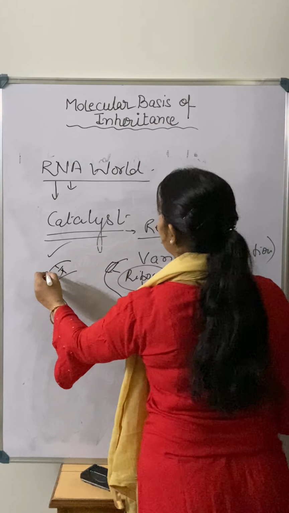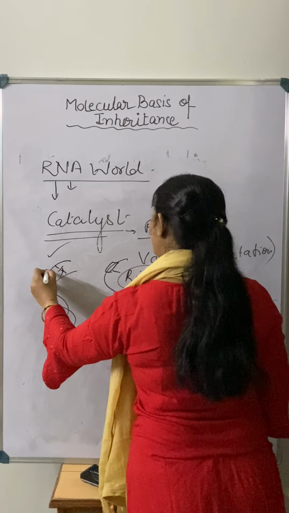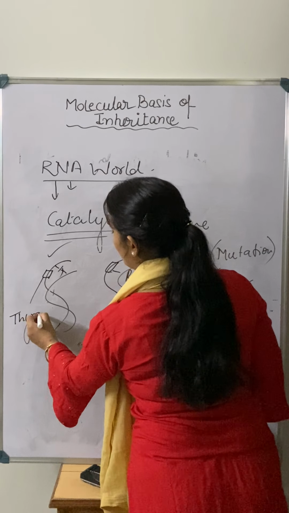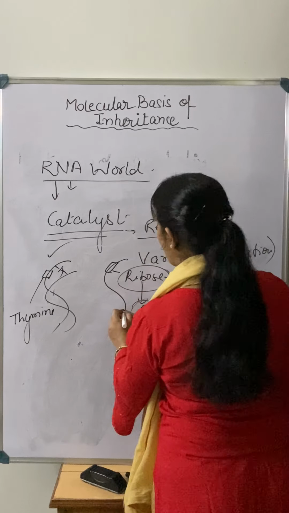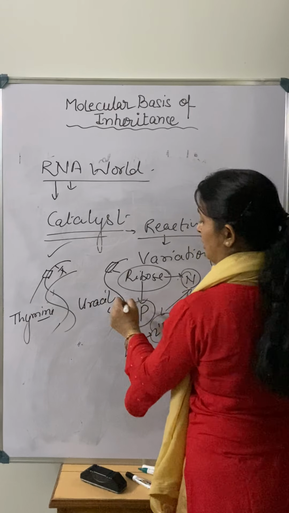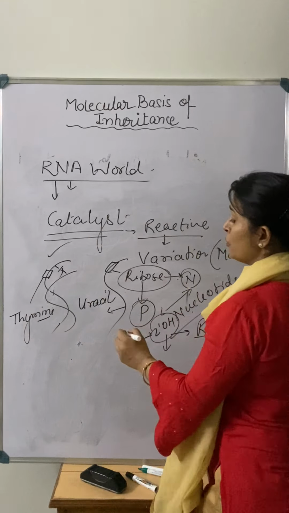Along with that, in DNA one of the nitrogen bases is thymine, as I told you also. In case of RNA, instead of thymine, there is a base that we call uracil. Uracil is very reactive, right? Thymine is less reactive. So two things are there: DNA is a double helix and thymine is less reactive.